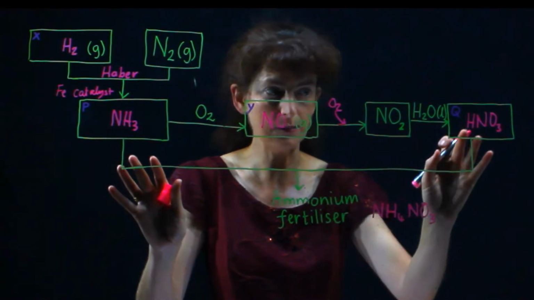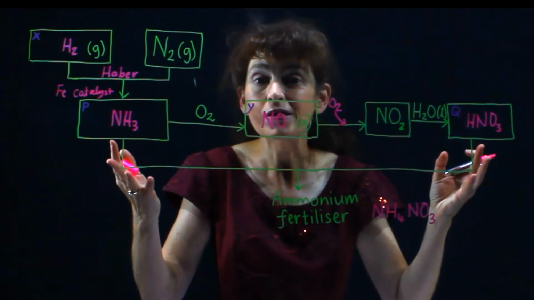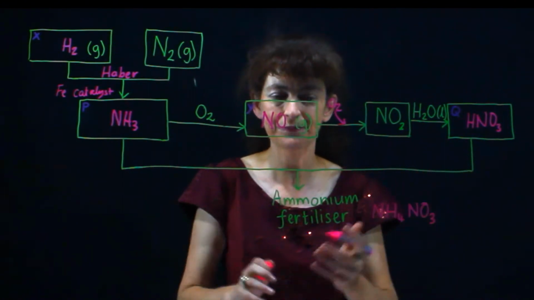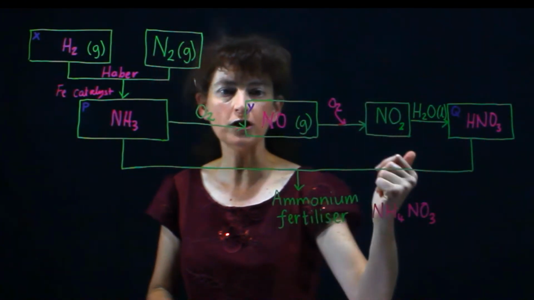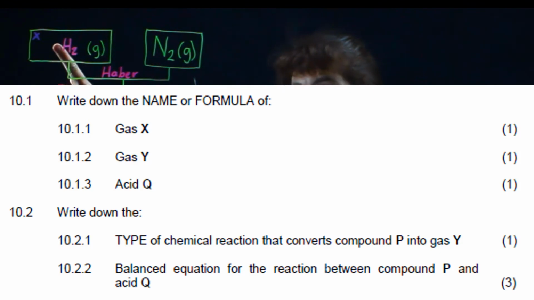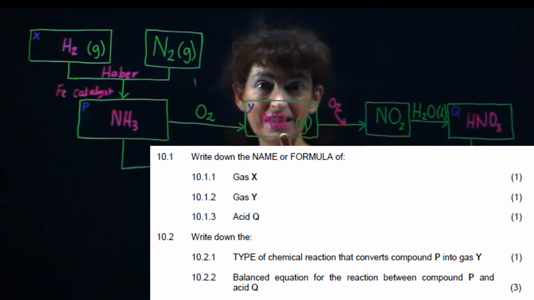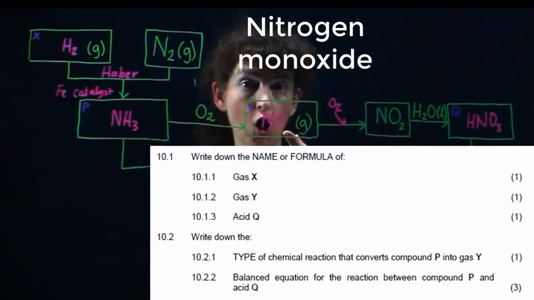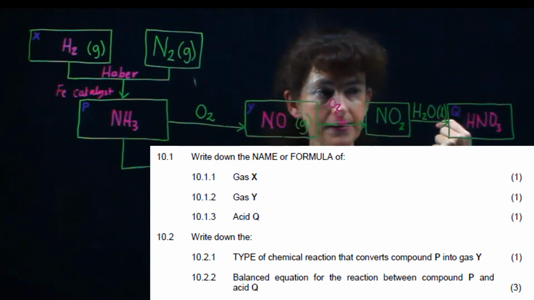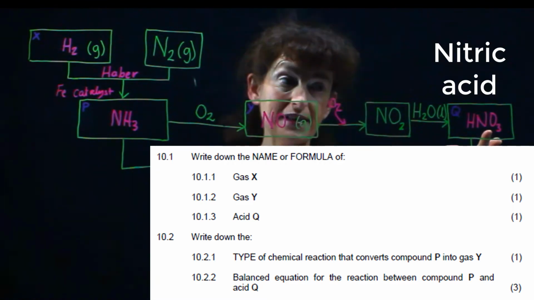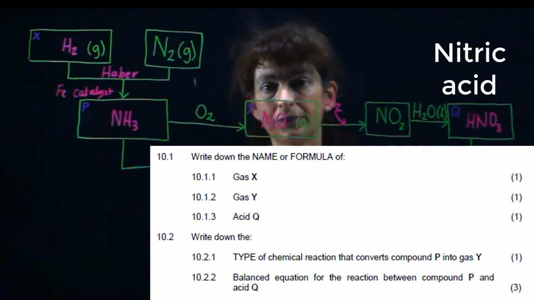It's extremely easy because just by eye you can see there's no balancing needed. Right, let's get to the questions. First we're asked to identify X, hydrogen, Y, nitrogen monoxide, NO, and Q, nitric acid, HNO3.